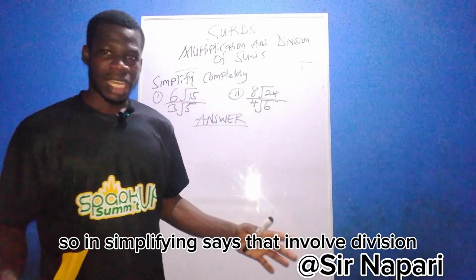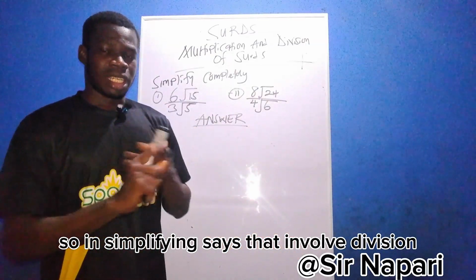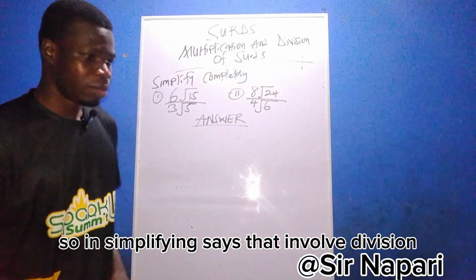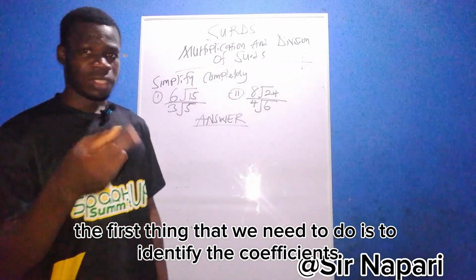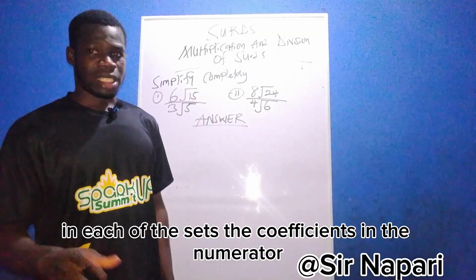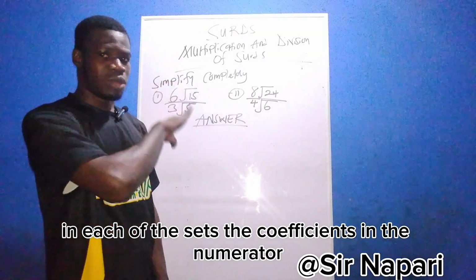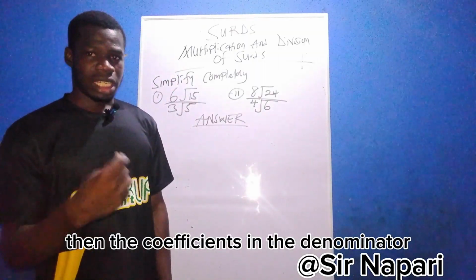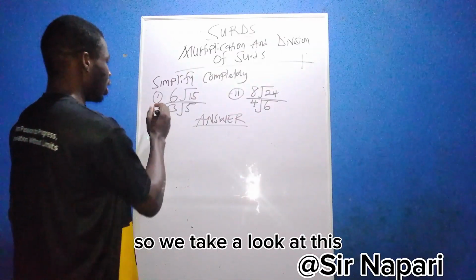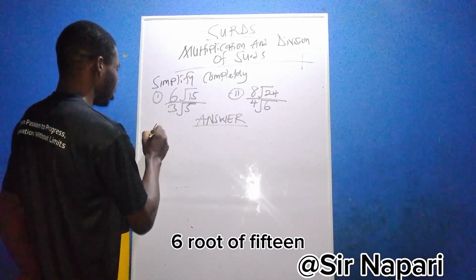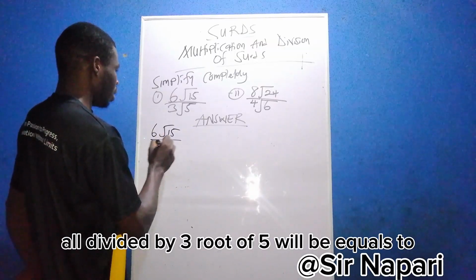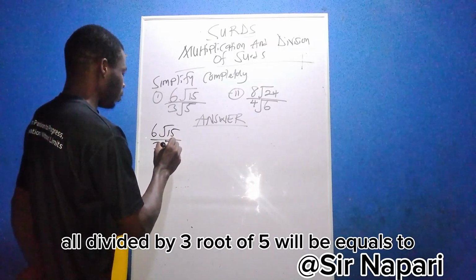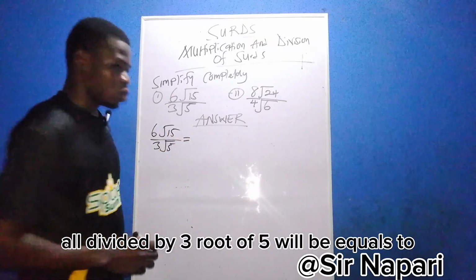So, in simplifying surds that involve division, the first thing that we need to do is to identify the coefficients in each of the surds: the coefficient in the numerator, then the coefficient in the denominator. So we take a look at this. 6 root of 15 all divided by 3 root of 5 will be equal to.